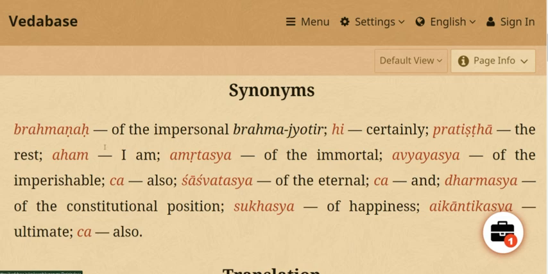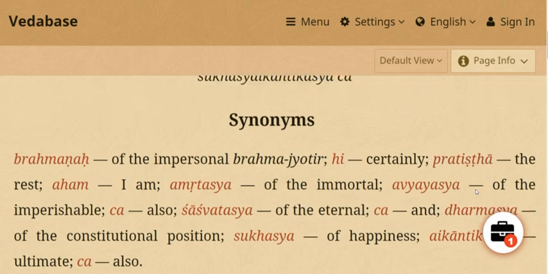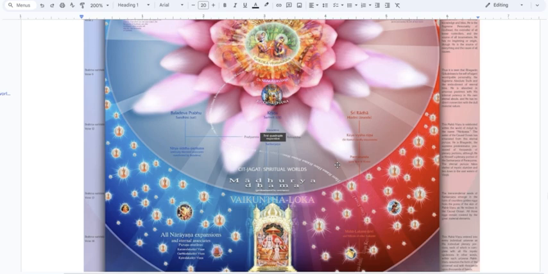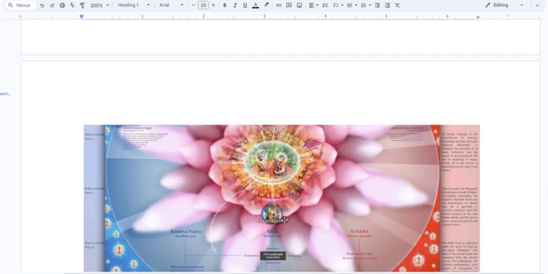Dharmasya, Pratishtha. Pratishtha means rest. Something is resting on Krishna, or something is coming out of Krishna. It means two things. This Brahma Jyoti is the effulgence that is coming out from the body of Krishna. That's what Krishna is trying to say.